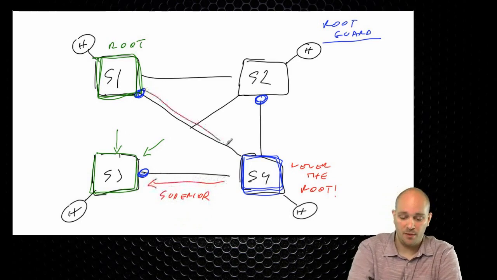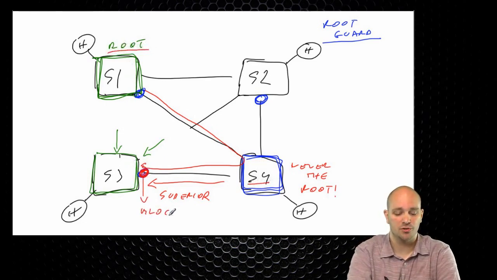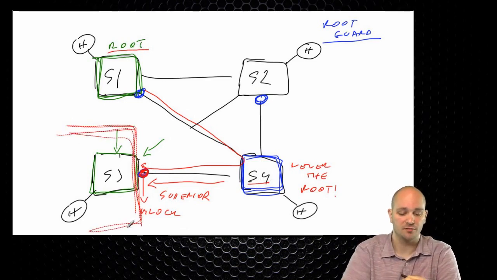Mind you, the BPDU that originally arrived from switch 1. So it's not switch 4 now claiming to be the root, it is still switch 1 claiming to be the root, but we are receiving a superior BPDU on this port, and we are going to start blocking it, effectively cutting off switch 3 from the rest of the network.